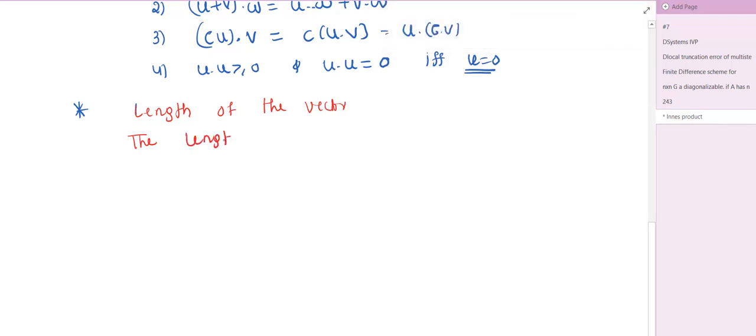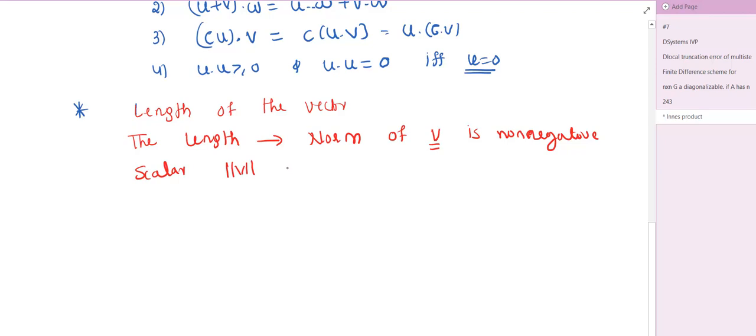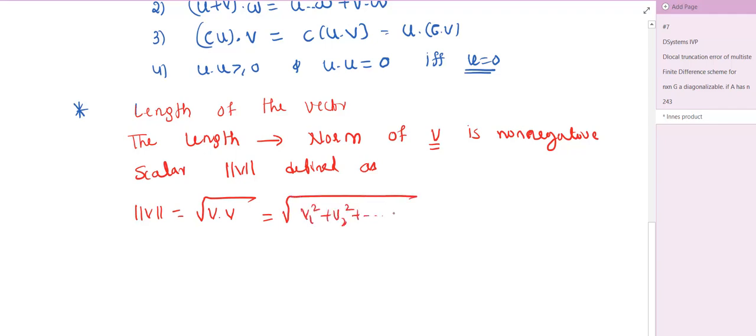Length is also called the norm of any vector, say V. It is a non-negative scalar which is denoted by norm of V and defined as, say, norm of V is equal to the square root of V dot V, which is equal to the square root of V1 square plus V2 square, and so on up to Vn square.